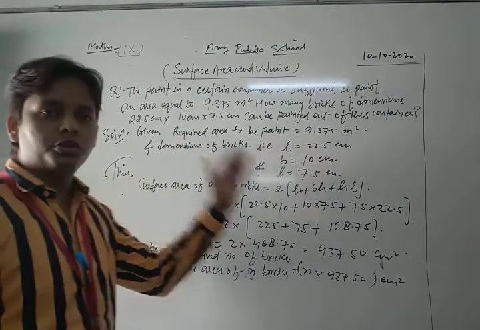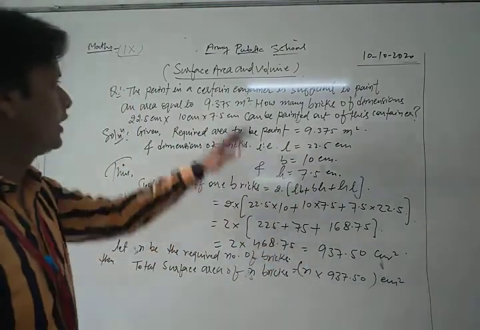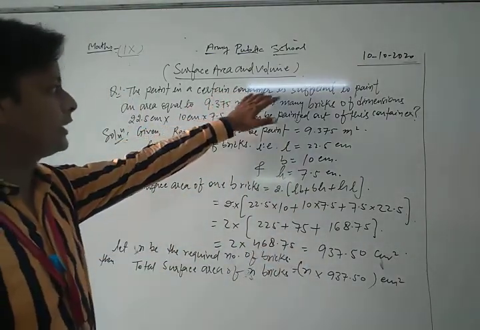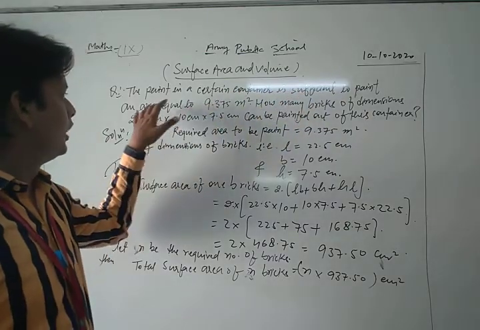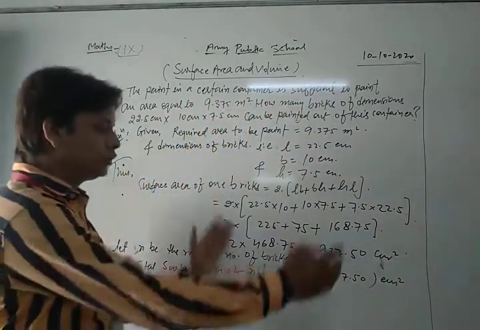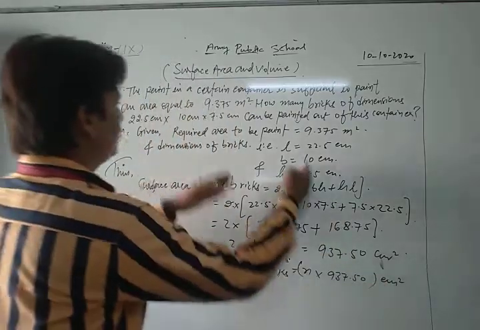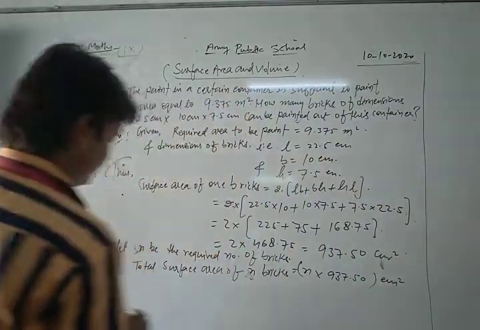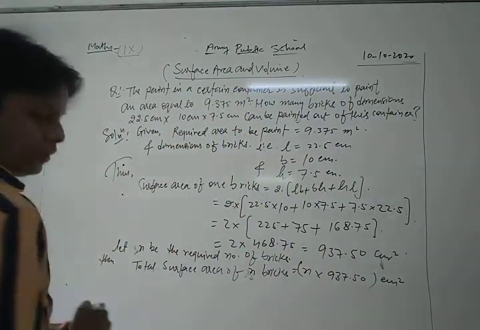Now according to the question, the paint is in a certain container and the surface area to be painted is an area equal to this. Now according to the statement, this area is always equal to this. Now let's see.